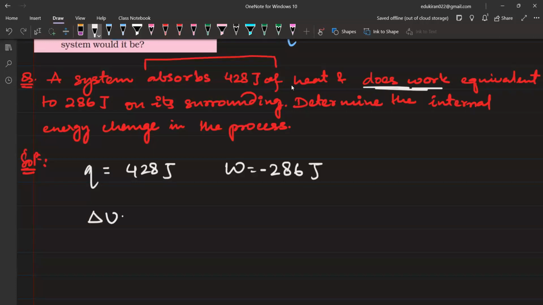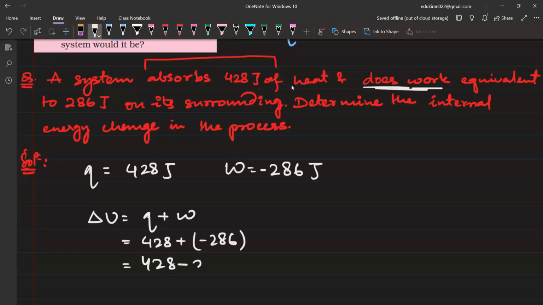And delta U is equal to Q plus W. What is the value of Q? 428, plus the value of work, minus 286. 8 minus 6 is going to be 2 and 42 minus 28 is going to be 14. Okay, so 142 joules of energy, that is the internal energy change.